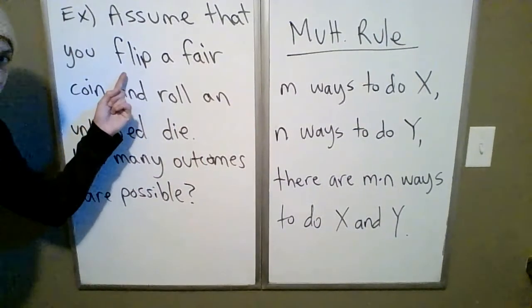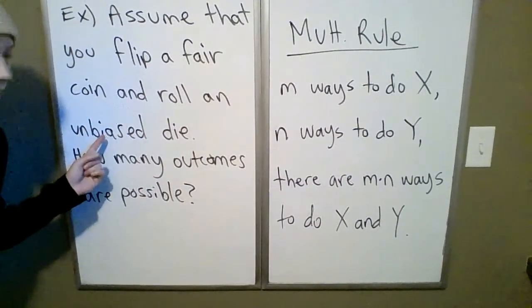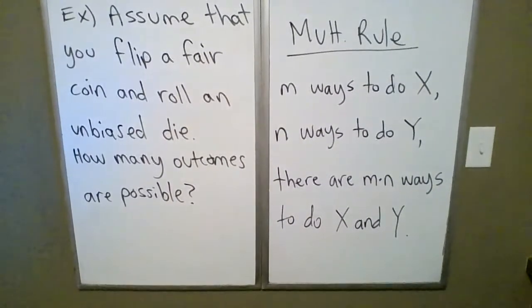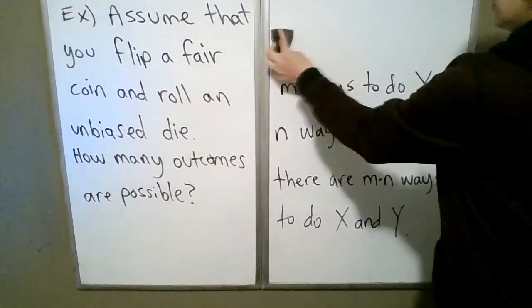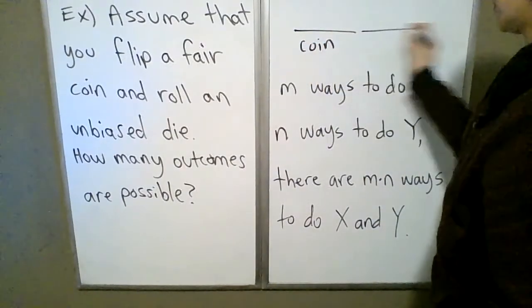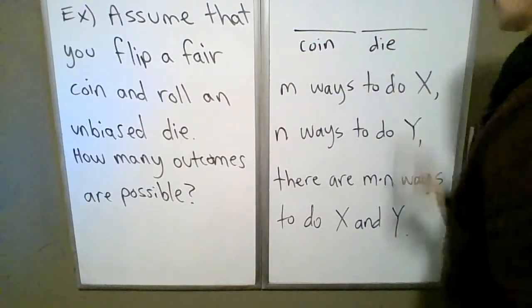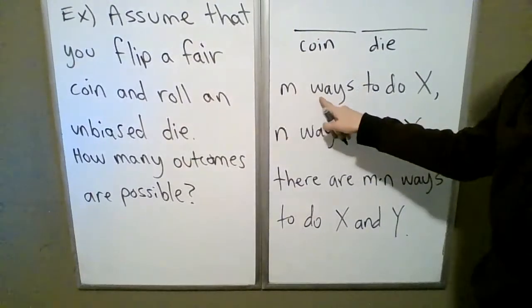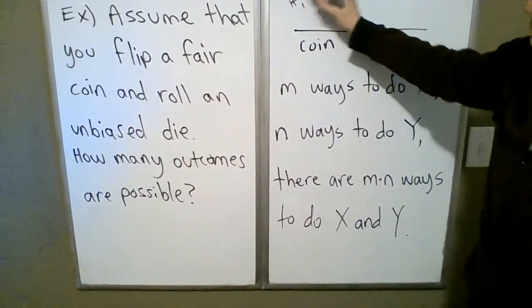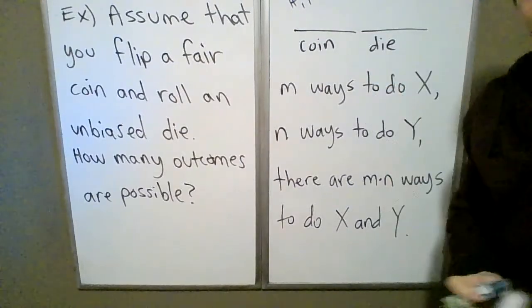So we're just going to say it's an unbiased die. It's kind of out of habit. We're going to make a placeholder for the coin and then one for the die. And for a coin, there are 2 ways to flip that coin. It's going to be heads or tails.